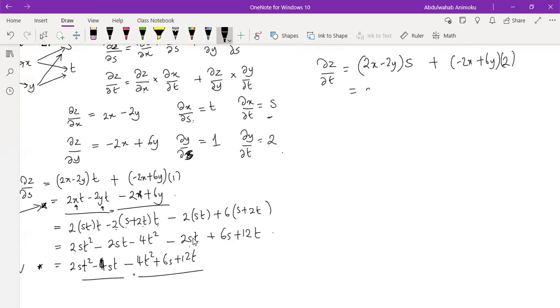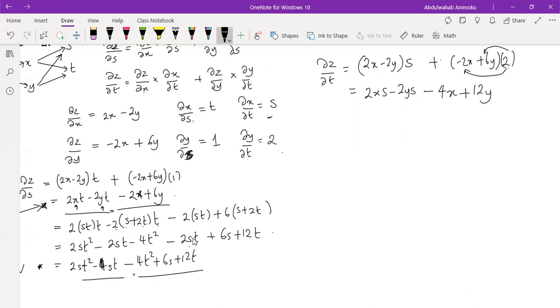So we can expand this and have 2xs minus 2ys plus minus, so just to note, these two you can bring to the front. So that will be minus 4x, then plus 12y.